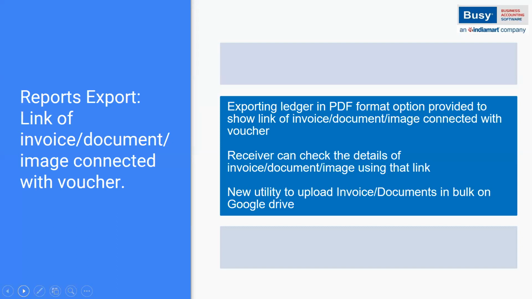Automatically the link from Google Drive will be copied. So when you send that PDF to your customer, the links of the relevant documents will be sent to them automatically. Means in a single ledger with 10 transactions, 10 links will be given to the customer. He can just click and download the relevant transaction document that he wants to view.